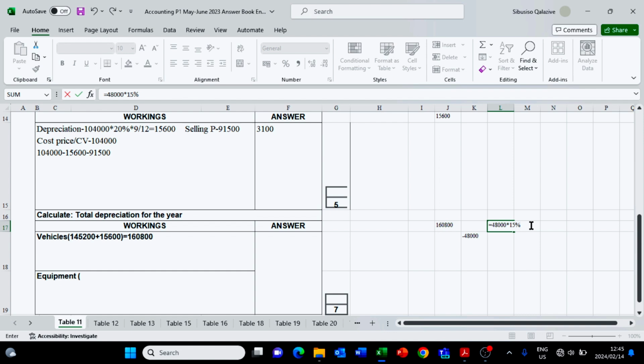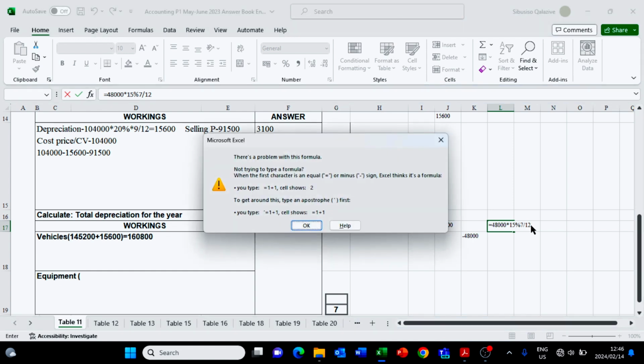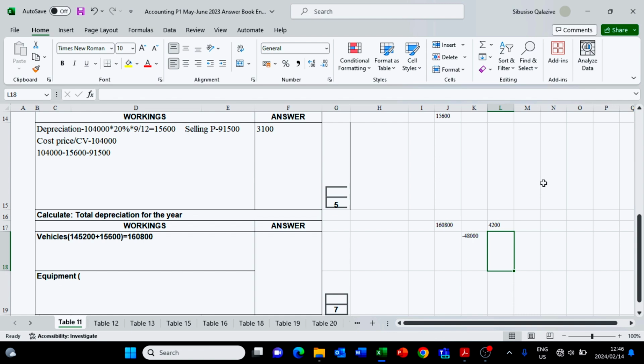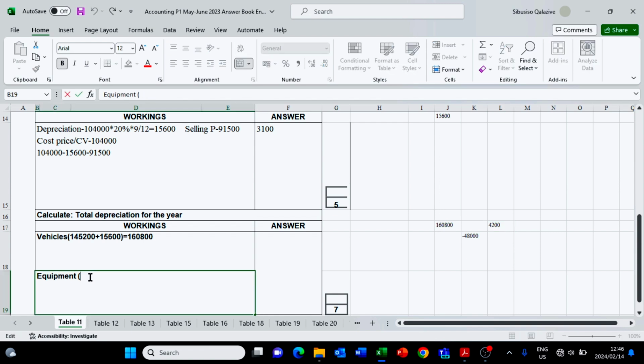So we are going to say 7 over 12, times 15%. That's it. We are getting 4,200. This is the depreciation for the new equipment, 4,200.